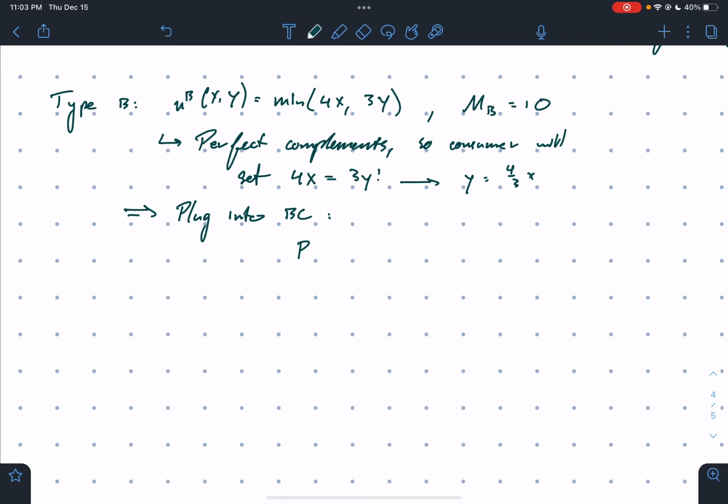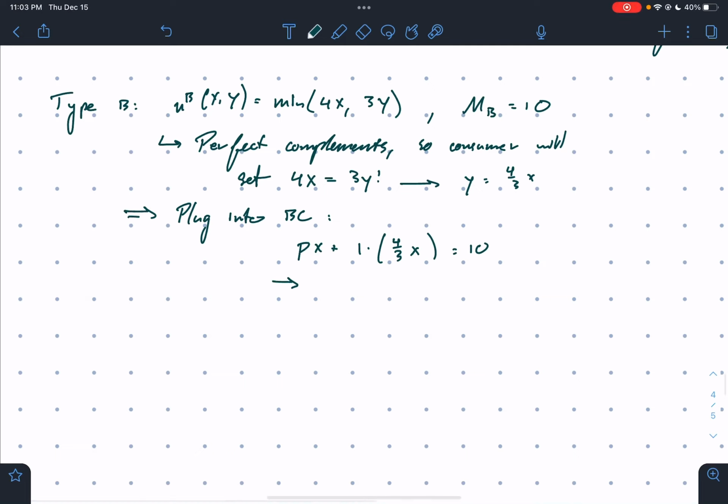So plug it into the budget constraint, px plus the price of y, which is 1, times the amount of y I buy, which is 4/3 x. I set this equal to their income, which is 10. So here, I get that x times p plus 4/3 is equal to 10. In other words, x is equal to 10 over p plus 4/3.